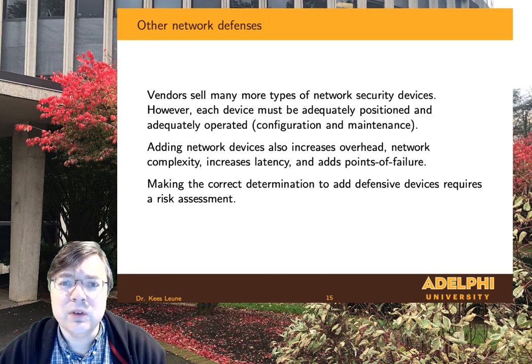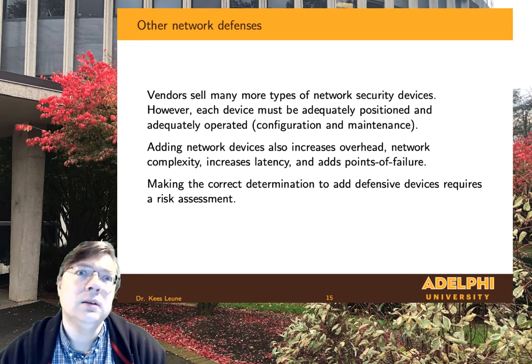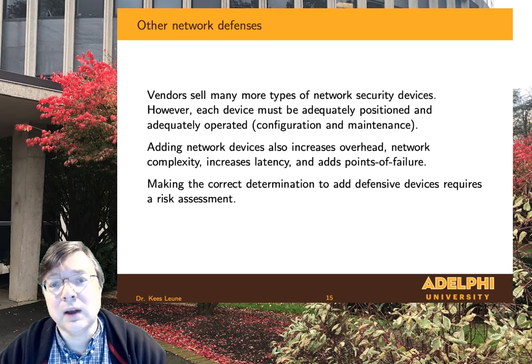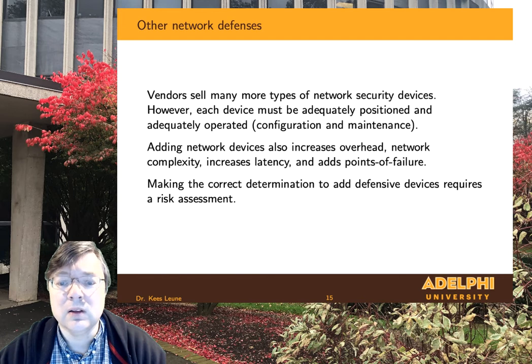However, each of those devices has a typical niche that they are good at. This is a thing that can be very well used for detecting phishing attacks, but it also means that they need to be located in the right place in our network architecture. It means that they have to be operated by an operator who knows what they're doing, configuration and maintenance. And so every time you add these controls, you're also adding overhead.